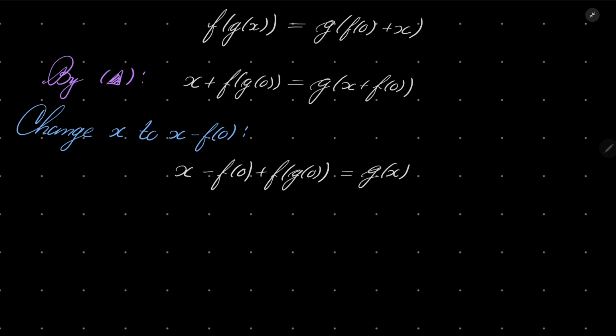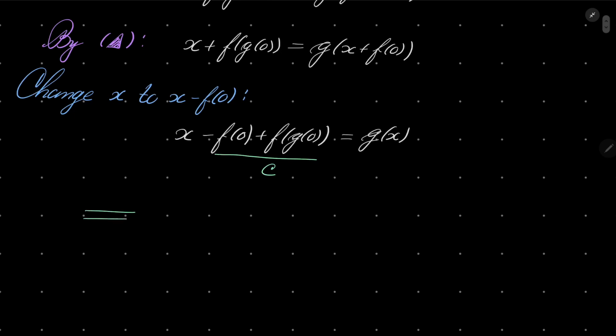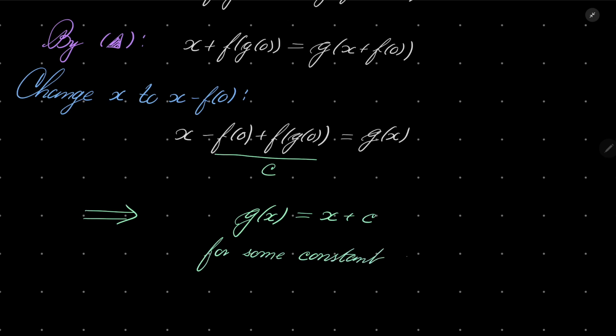And because this is just a constant, we can call this number, let's say, c, and now we know that our function g must be affine. So g of x equals x plus c for some constant c, which is obviously an integer, because our function goes from the set of integers into itself.